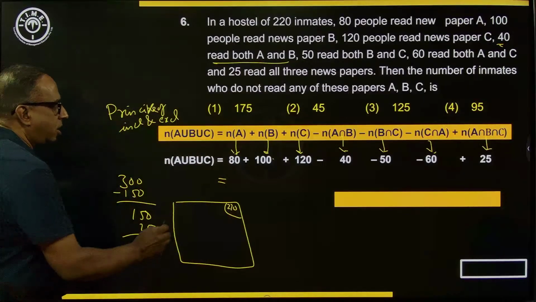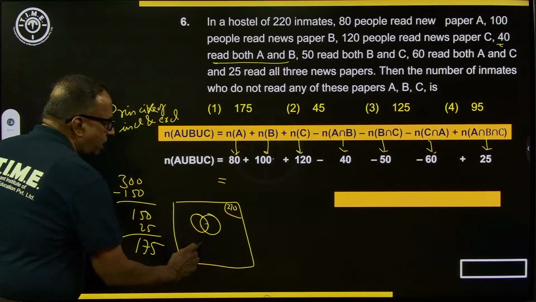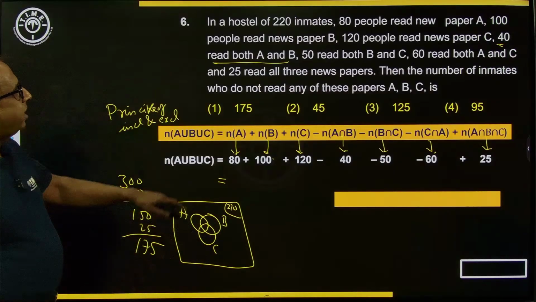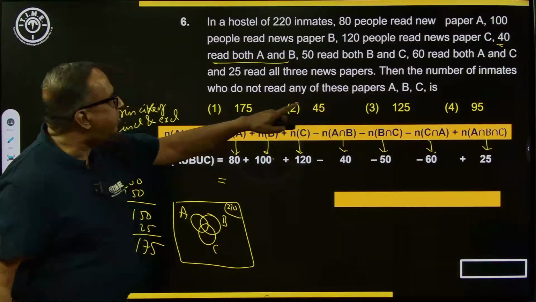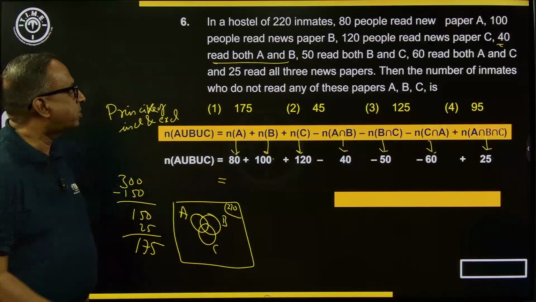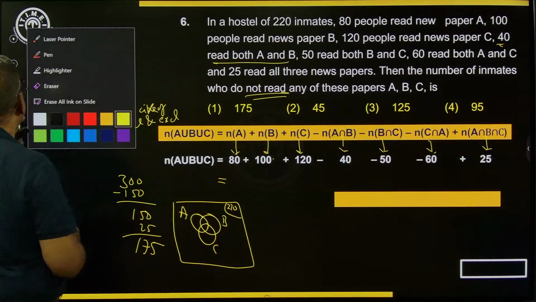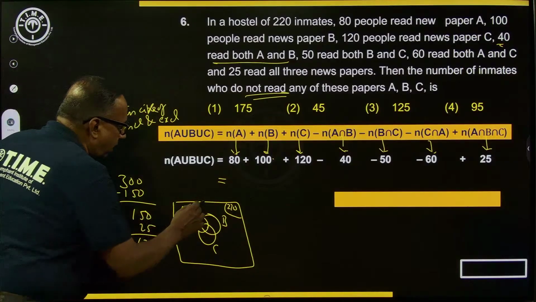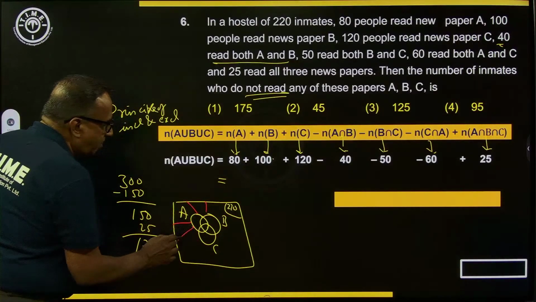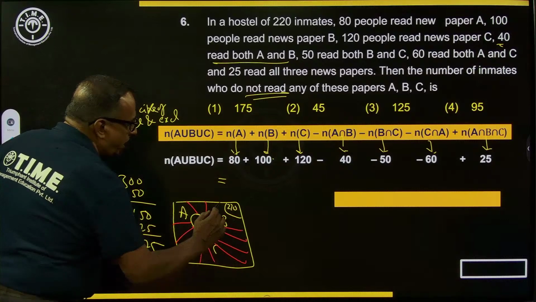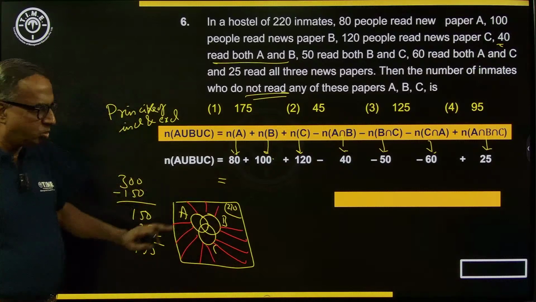ఓకే, ఇప్పుడు చూడండి, ఇది ఏ, ఇది బి, ఇది సి అనుకుంటే మనకు కావాల్సింది ఏంటి? ఫైండ్ ద నంబర్ ఆఫ్ ఇన్మేట్స్ హూ డు నాట్ రీడ్ ఎనీ ఆఫ్ ది న్యూస్ పేపర్స్. అంటే మనకు కావాల్సిన సెగ్మెంట్ ఏంటో మీకు చూపిస్తాను. ఇది మనకు కావాలి అవుట్ సైడ్ ఏబిసి. బయట ఎంత అంటే మొత్తం నుండి లోపల ఎంత అని చూడాలి. మొత్తం 220.